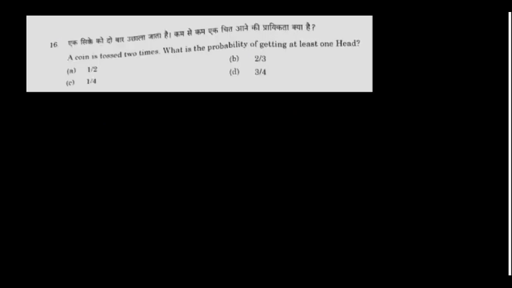A coin is tossed 2 times. What is the probability of getting at least one head? If we toss a coin 2 times, what are the possibilities? We can get both times tail, or both times head. First we can get tail, next head, otherwise first head, next tail.